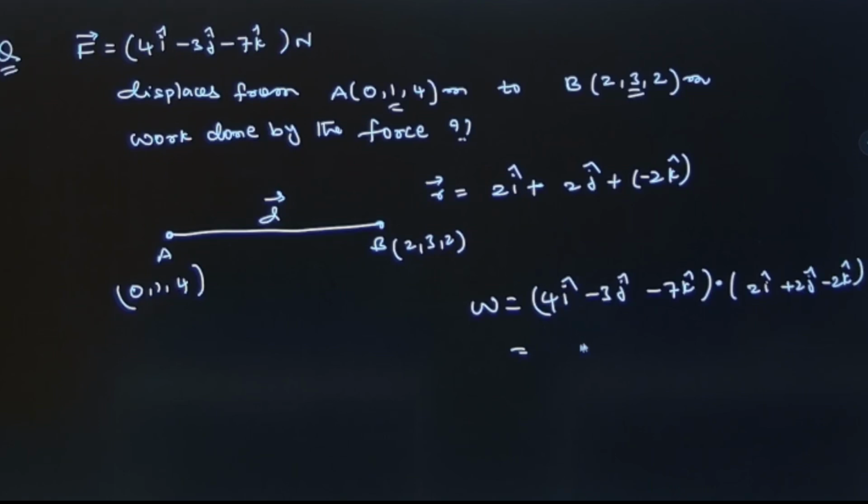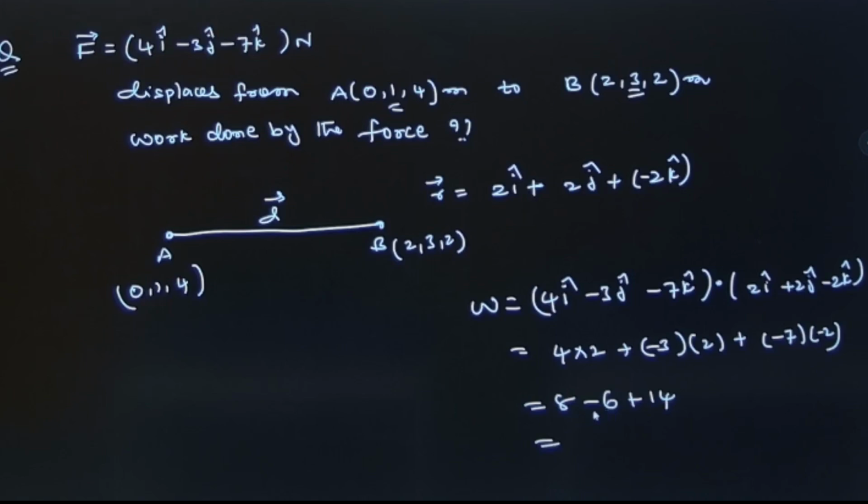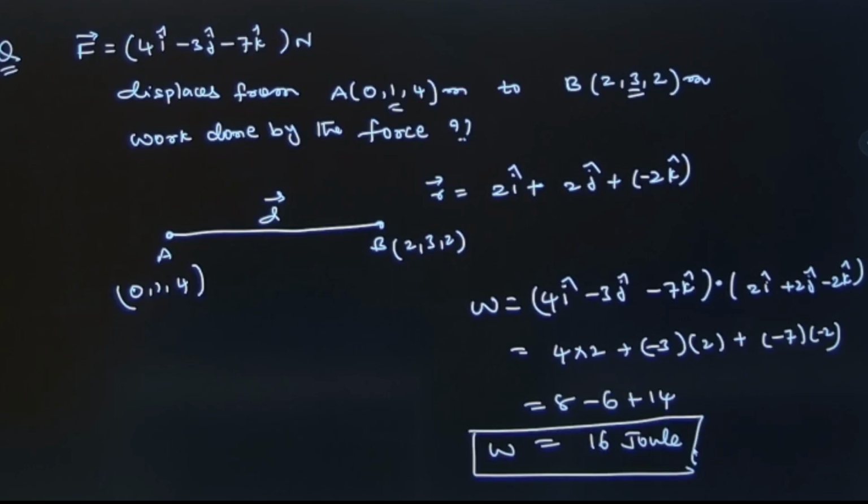It's the coefficients: 4 into 2, plus minus 3 into 2, plus minus 7 into minus 2. It's 8 minus 6 plus 14. 8 minus 6 is 2, 2 plus 14 is 16 joule. This is the work done. So that is the second model of the question.